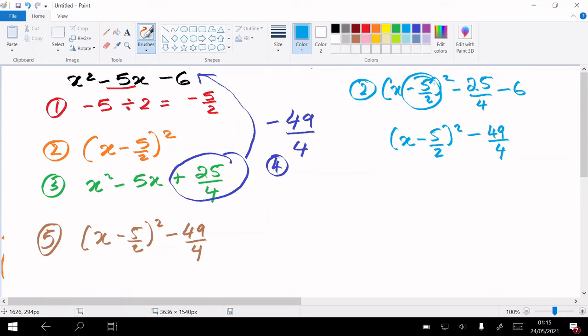So this question was the exact same method as the last one. The only thing is this minus 5 is an odd number, which means you have to get used to fractions. That's all it is. But it's the exact same method. Make sure you're comfortable with odd numbers and working with fractions, because it can cause a lot of mistakes and confusion.